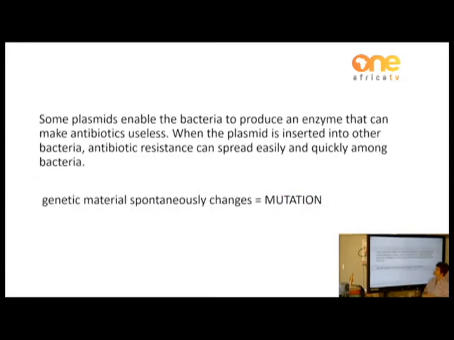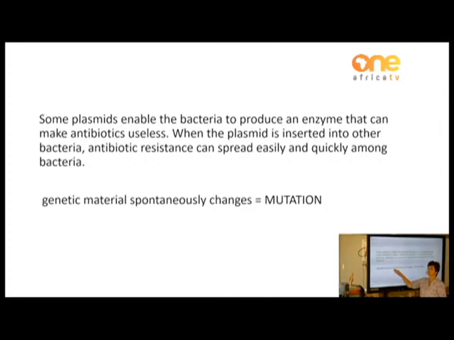Now, some plasmids enable the bacteria to produce an enzyme that can make antibiotics useless. When the plasmid is inserted into other bacteria, like we saw, they can pass it over. It can spread easily, the antibiotic resistance, and quickly among bacteria.